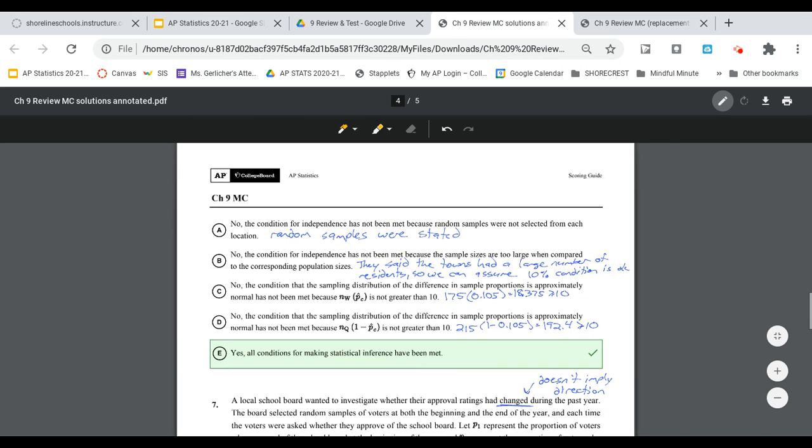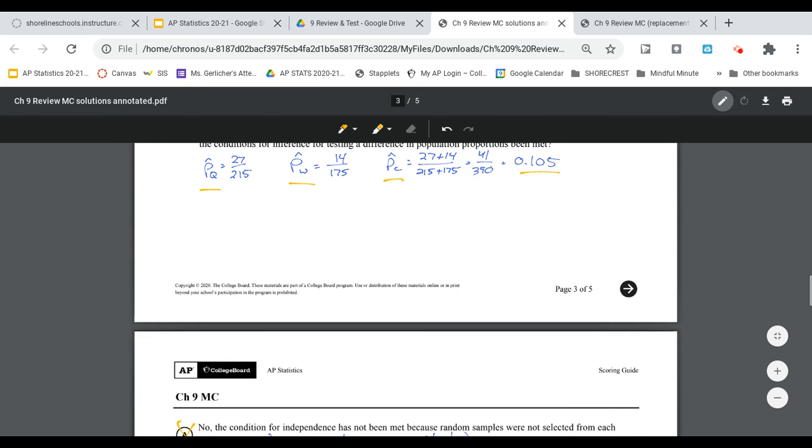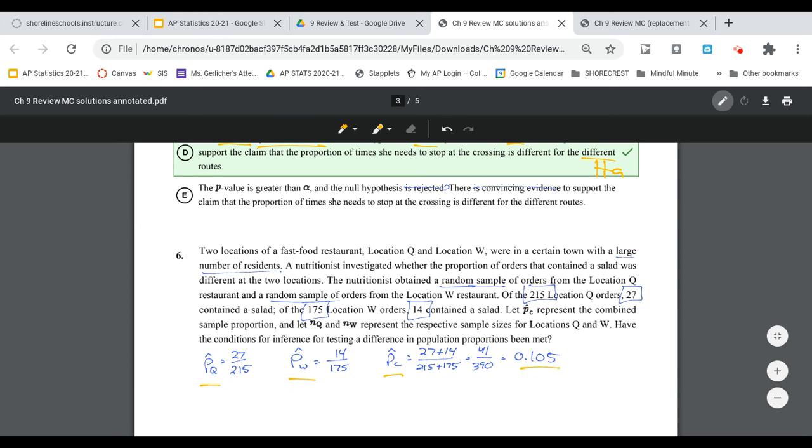So let's just go through our options here. So they did state that they're random samples, so it's not A. So it's about the conditions here. This one, okay, this is just a good heads up. They said a certain town with a large number of residents.